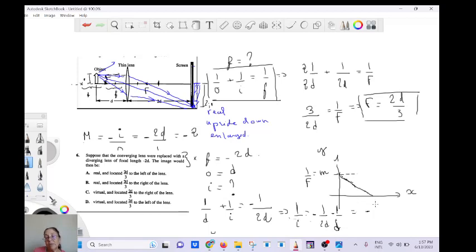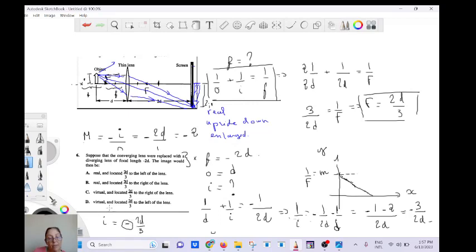So that's going to be minus 1 minus 2 over 2d, which is minus 3 over 2d. You have to put it at the same denominator. So you get I equals minus 2d over 3.